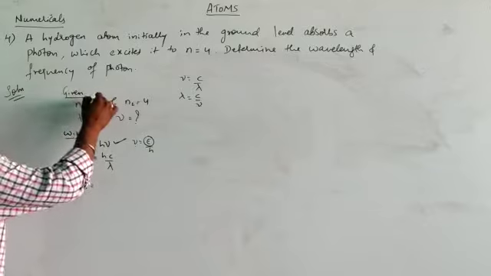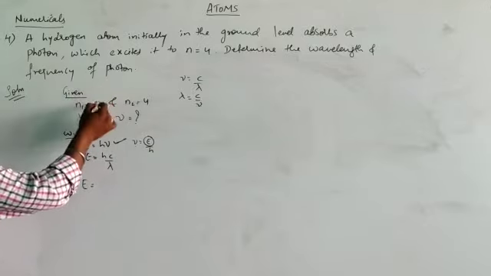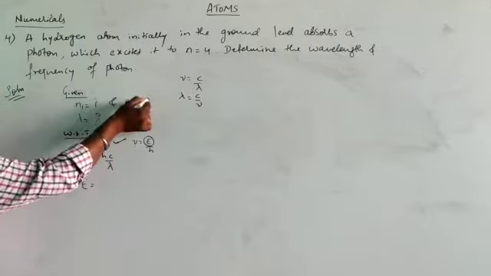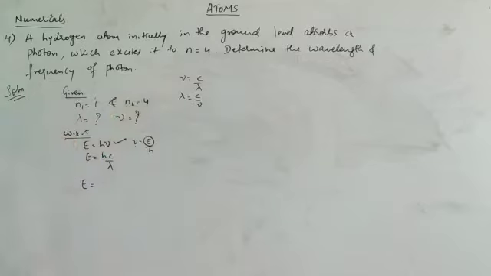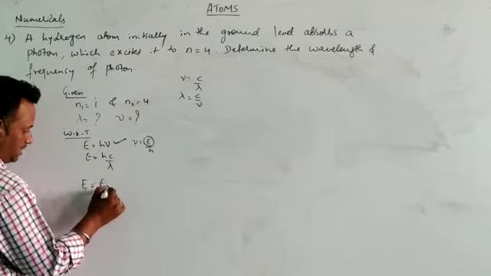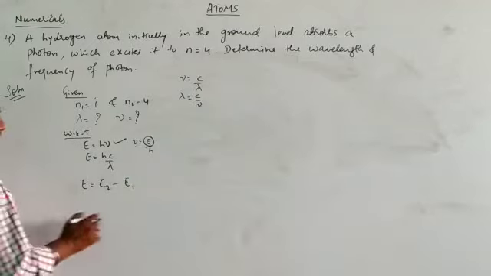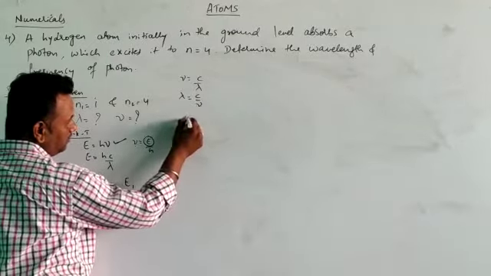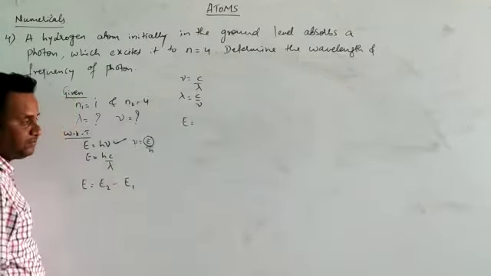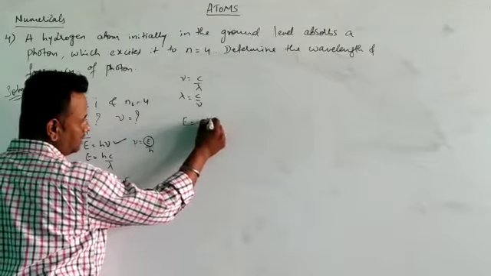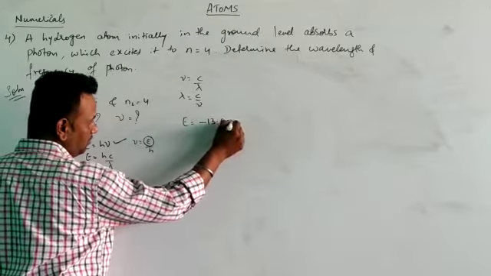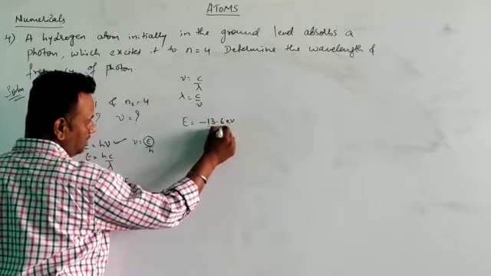Here the hydrogen atom is exciting from ground level to the fourth level, higher orbit. Therefore E2 minus E1, right? And as we know that energy for the nth orbit is given by E is equal to minus 13.6 electron volt divided by n square.